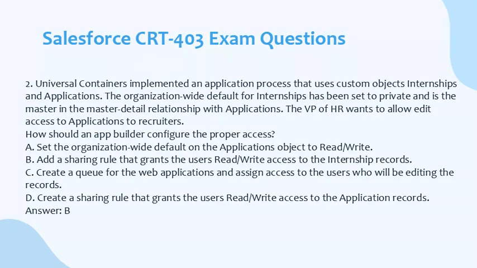A. Set the organization-wide default on the application's object to read, write. B. Add a sharing rule that grants the users read, write access to the internship records. C. Create a queue for the web applications and assign access to the users who will be editing the records. D. Create a sharing rule that grants the users read, write access to the application records. Answer: B.